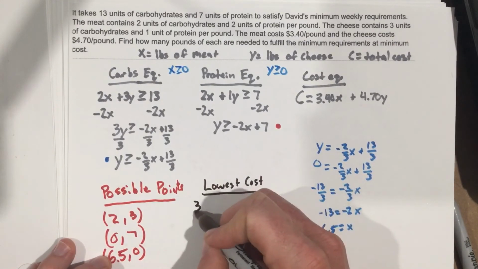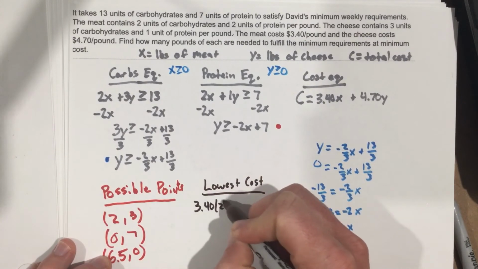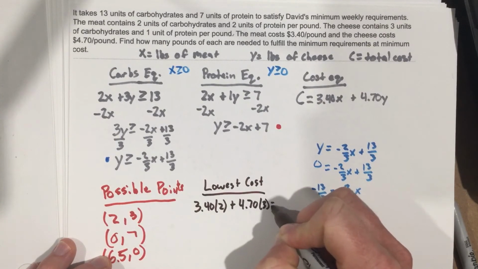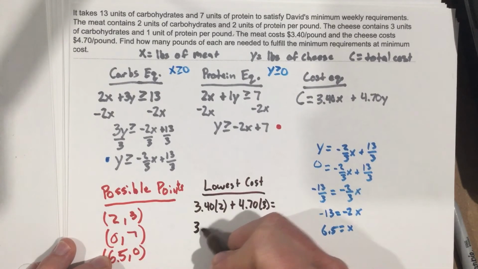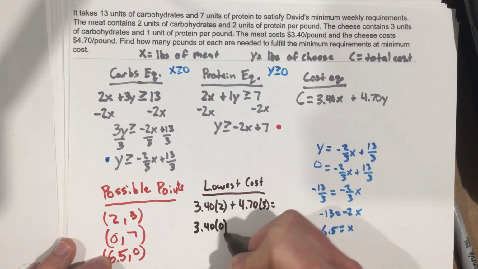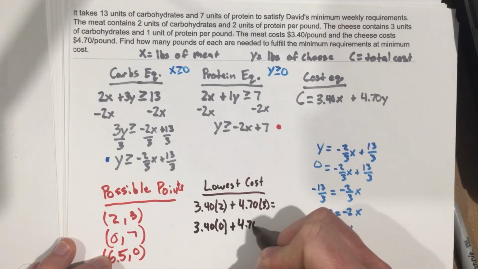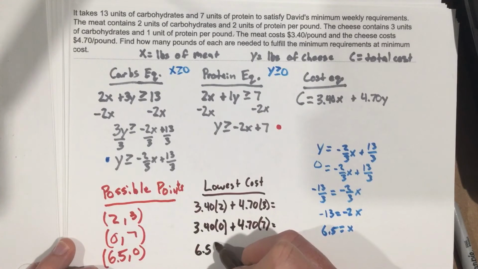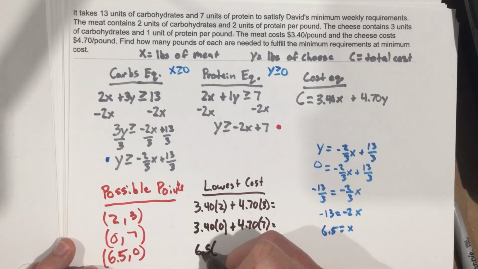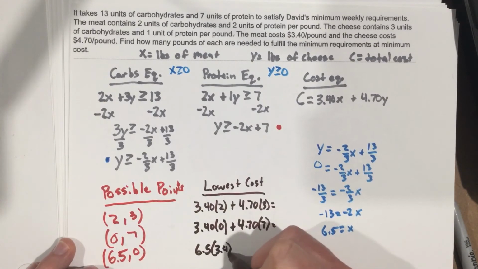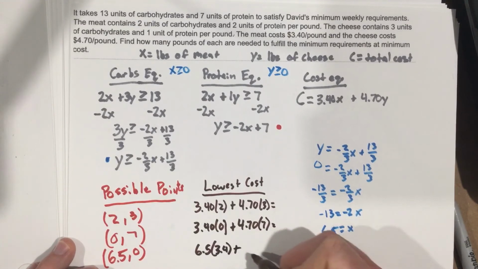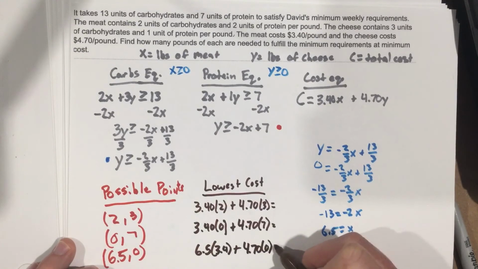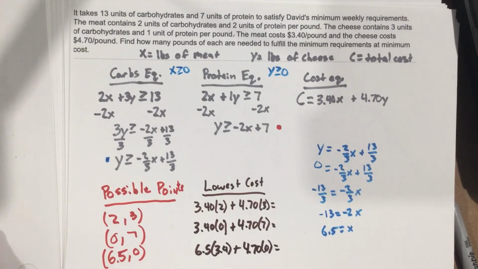So 340 times 2 plus 470 times 3 equals, we're also going to do 340 times 0 plus 470 times 7. And then 3.4 times 6.5 plus 470 times 0. Okay, let's throw those in.